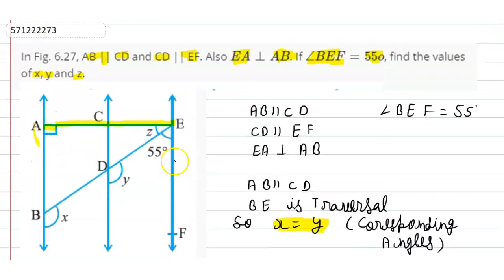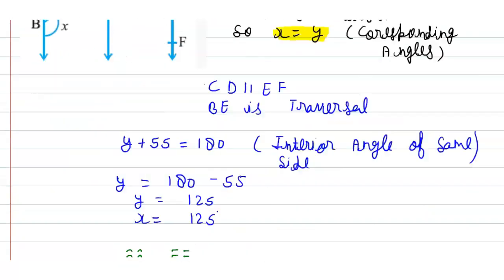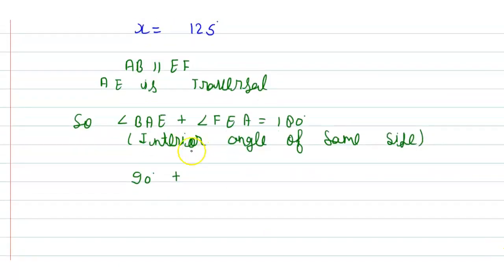just see in the figure, FEA is this whole angle, and this is Z plus 55. So 90 plus FEA, which is Z plus 55, is equal to 180 degrees.